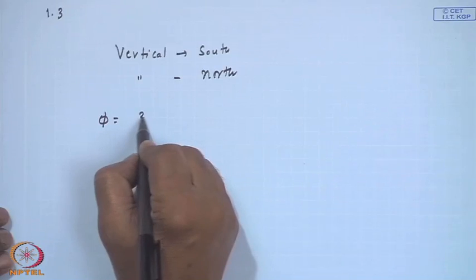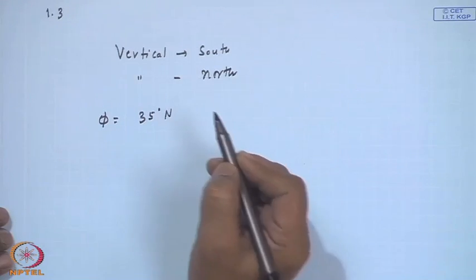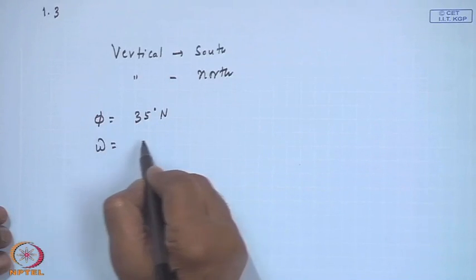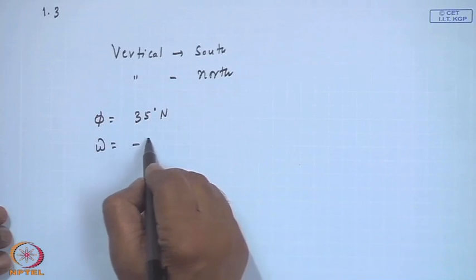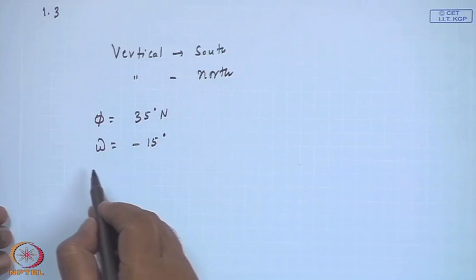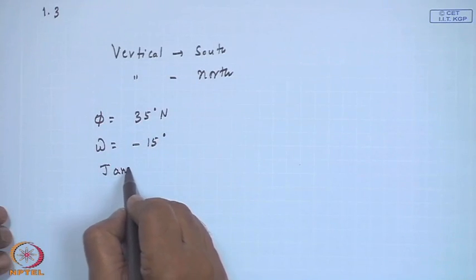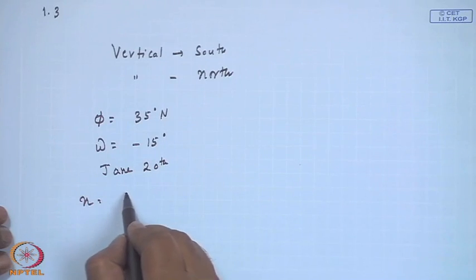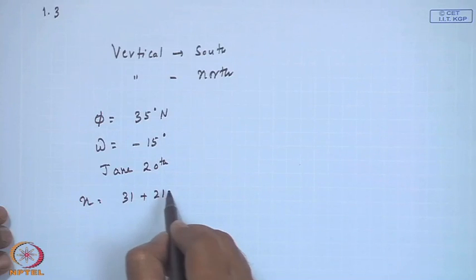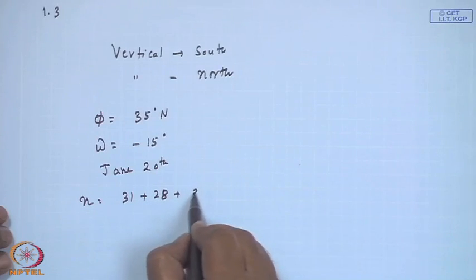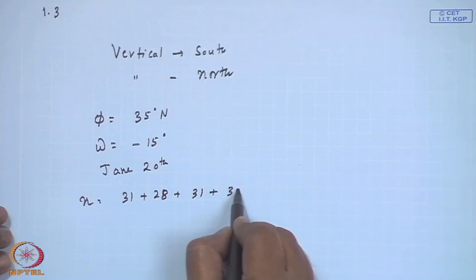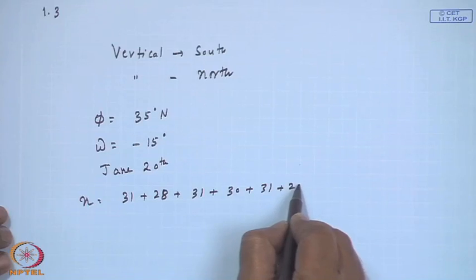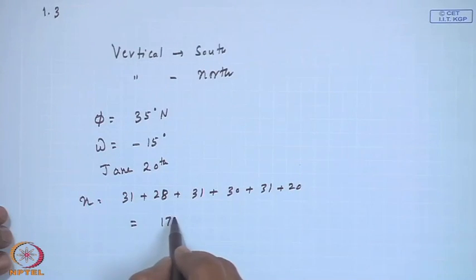So, phi is 35 degrees N, which means we are in the northern hemisphere. Time is 11 o'clock, which implies omega is minus 15 degrees, and the day is June 20th. Consequently, n will be 31 for January, 28 for February, 31 for March, 30 for April, 31 for May plus 20, which shall be 171.